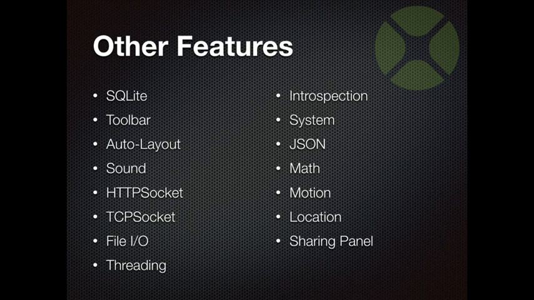There's HTTP sockets, a very important thing to use on iOS because typically you are going to be connecting to web services, which our little example app here, which we'll look at in a moment, is using. File I/O, there's threading, there's introspection, JSON support, and we've added motion support and location support, and there's a sharing panel, which our little test app will also use, that lets you send out information to other apps on the device.